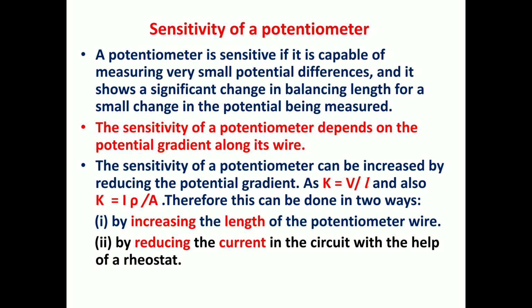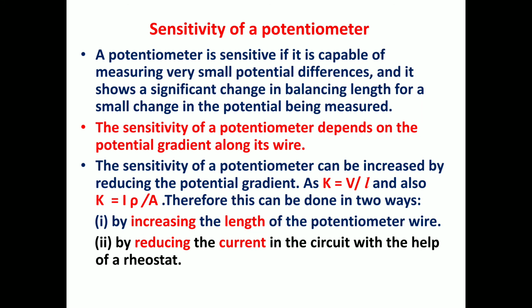As we know that potential gradient is equal to V by L. So if you increase the length of the wire, say we have a wire of 1 meter, of 4 meter, of 10 meter, out of these three, the potentiometer having wire of 10 meter will be more sensitive as compared to 4 meter or 1 meter wire. So by increasing the length of the wire of the potentiometer, we can increase the sensitivity of the device.